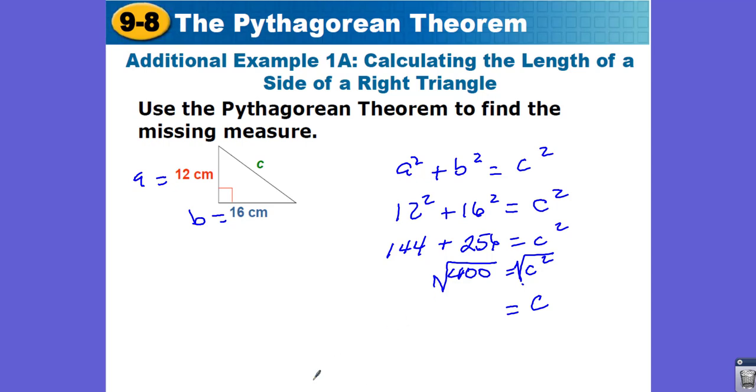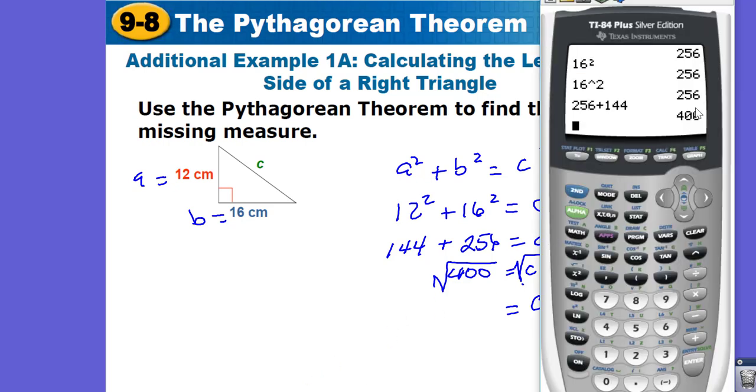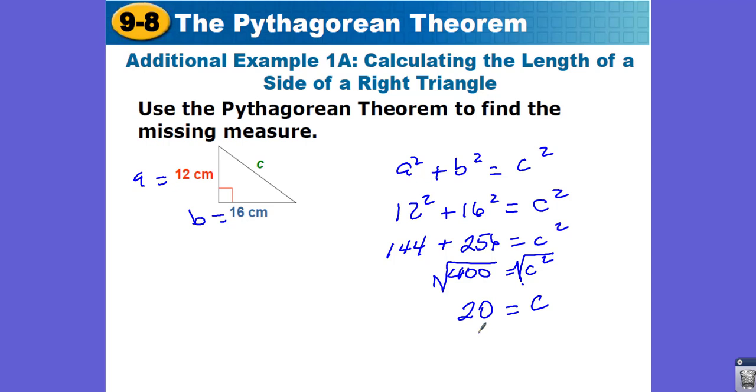Back to our calculator, we have to do the square root of 400. So we do second x squared to get the square root, 400, close parenthesis, equals, and we end up with an answer of 20. So our answer is 20 centimeters. Please remember that when we're doing these problems, if there is a label, you have to give me the label. Let's try another one.